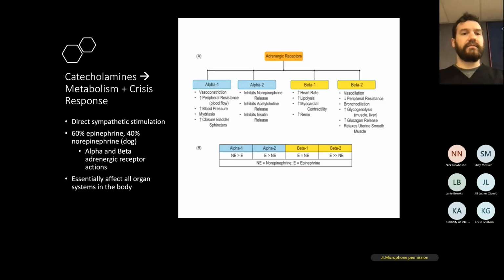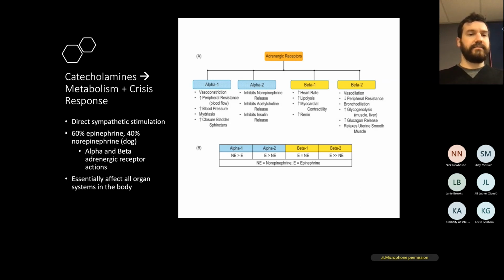In terms of catecholamines, catecholamines also play a huge role in our body metabolism, as well as a crisis or fight or flight response. The adrenal medulla has direct sympathetic innervation and does react very quickly to sympathetic stimuli.